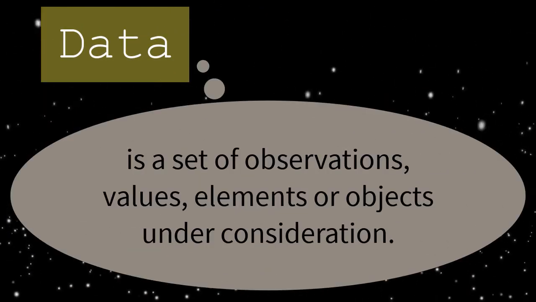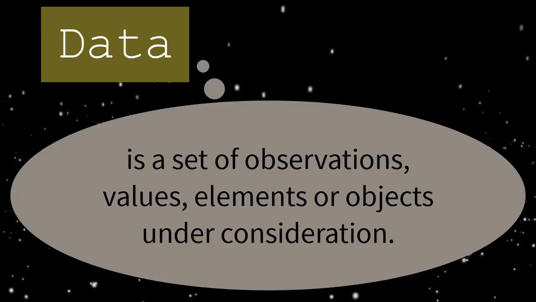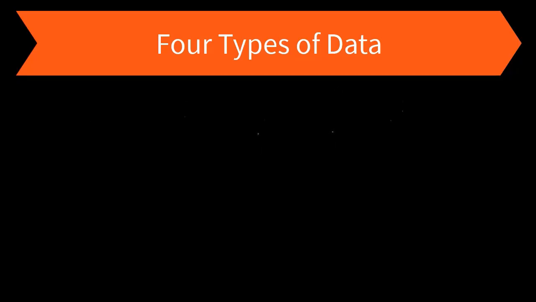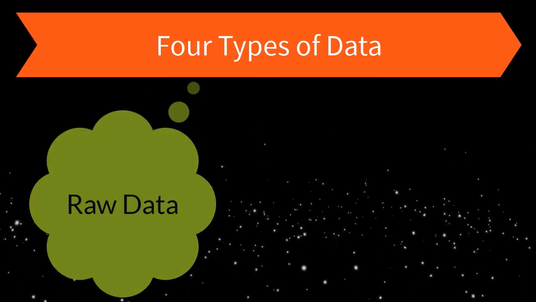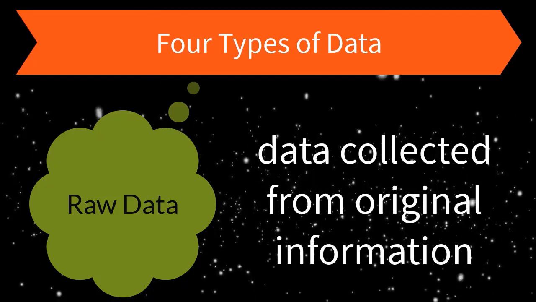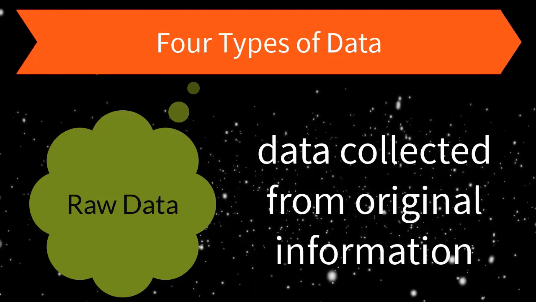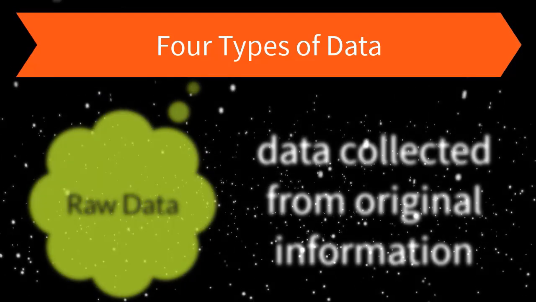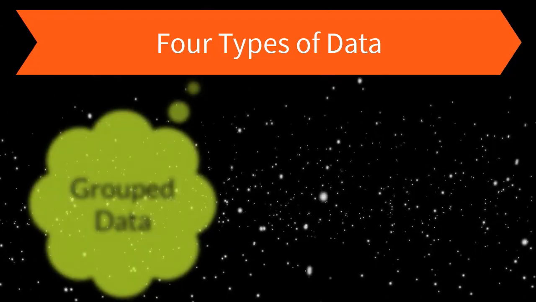Data is a set of observations, values, elements, or objects under consideration. We have four types of data. The first one, raw data. It pertains to the data collected from the original information. Group data.